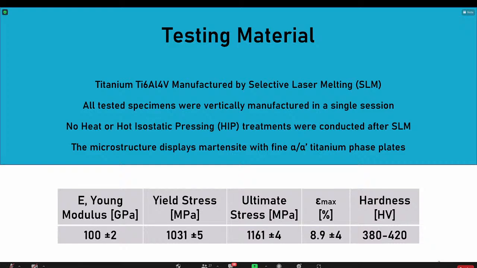All specimens that we manufactured were made in one single session vertically, including ultrasonic specimens and the mechanical basic properties determination specimens. No heat or hot isostatic pressing treatments of any kind were conducted on all manufactured specimens. And these are the properties here presented that we first determined, and the microstructure of alpha-alpha prime titanium phase plates.